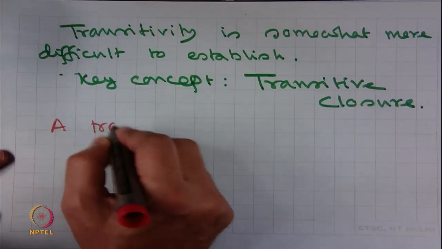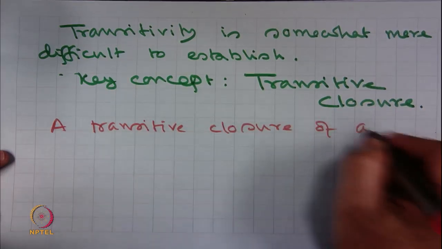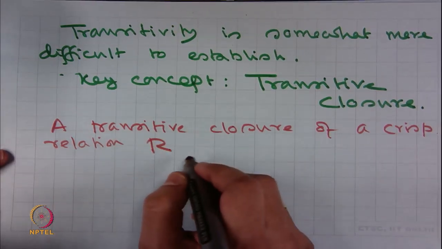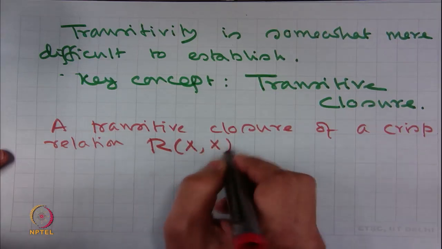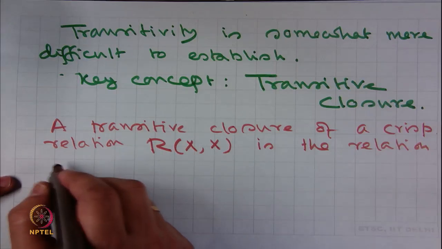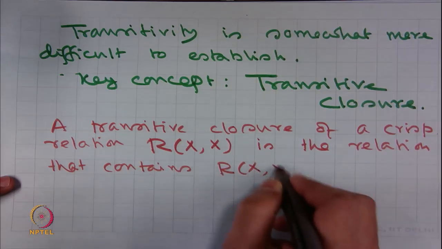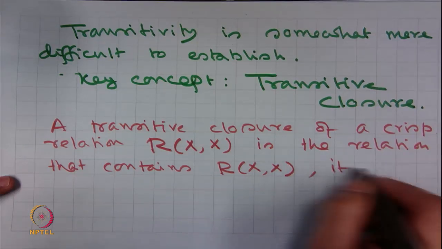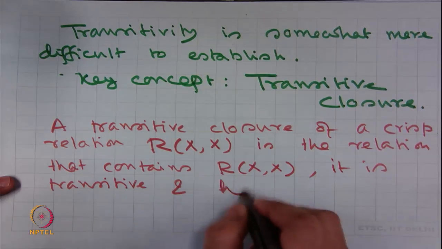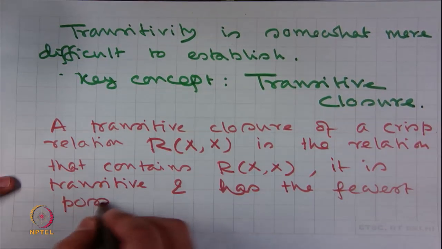A transitive closure of a crisp relation R on x comma x is the relation that contains R, is transitive, and has the fewest possible elements.